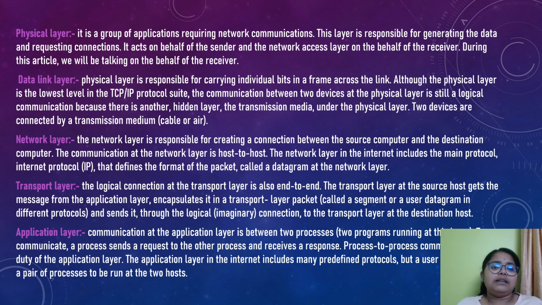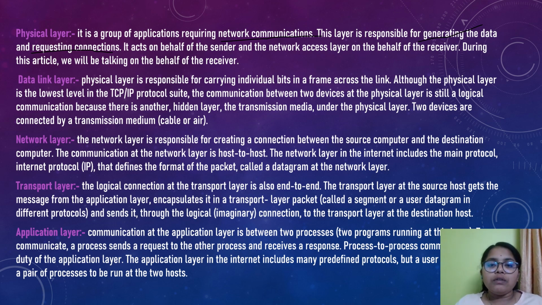Application layer. It is a group of applications requiring network communication. So here it is a group of applications; there will be many applications used for network communication. This layer is responsible for generating the data. It also generates data and requests connections.